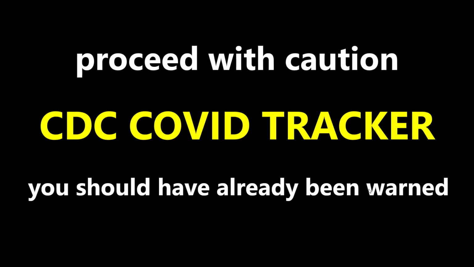So again, my point in all of this is not to call anybody out, but it's proceed with caution. I think you should have already been warned when you're trying to move from looking at the overall epidemic curve and you click on that section of the CDC's COVID Tracker and you're trying to look at the information by gender, by race, ethnicity, at least for some of these states that obviously have really poor completeness of reporting to the CDC.